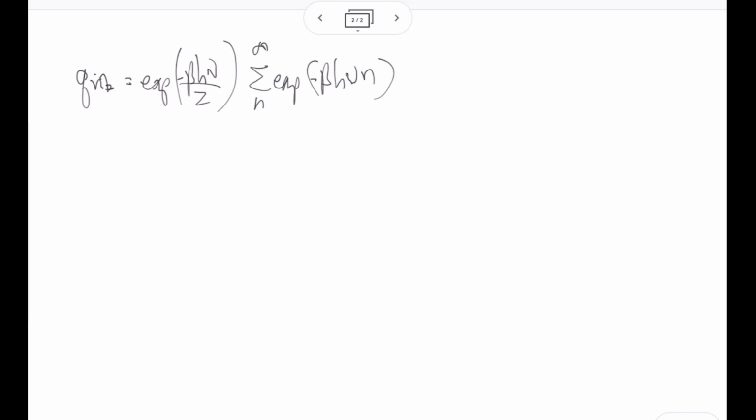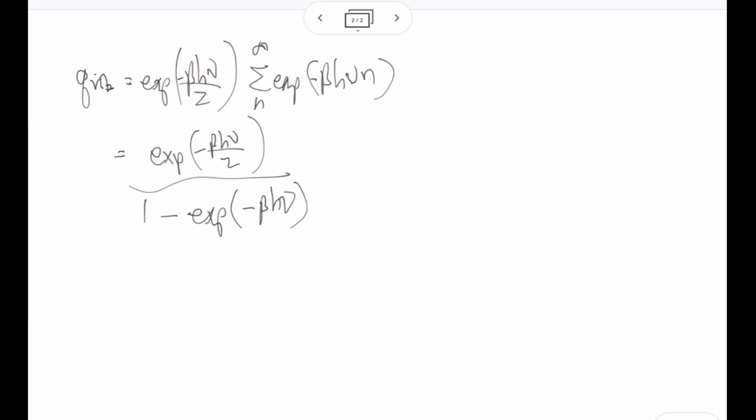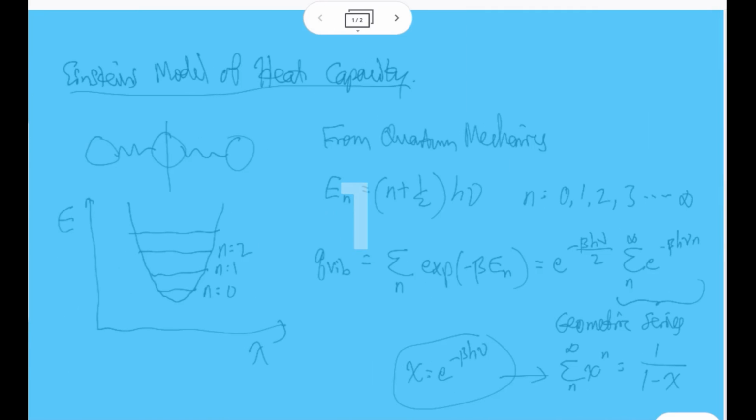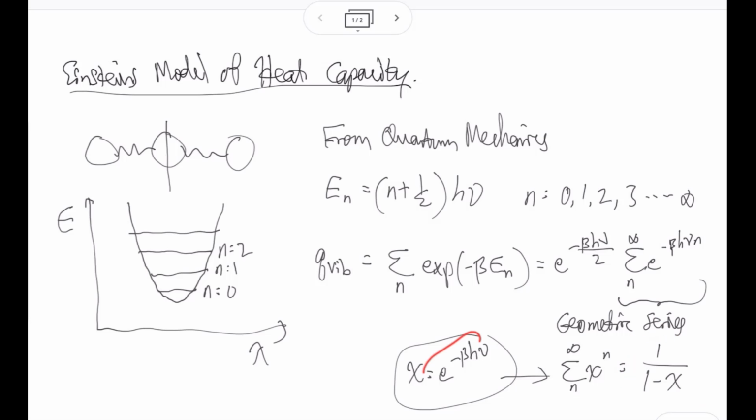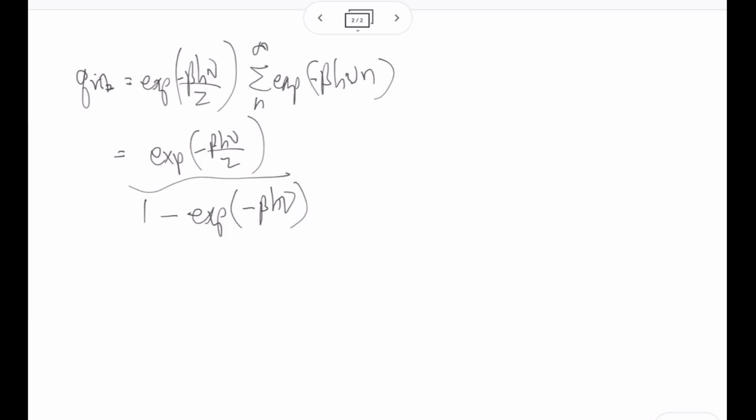So once we plug in the geometric series, we can now rewrite this as exp negative beta h nu over 2 times 1 over 1 minus exp negative beta h nu. Because I'm taking this term from here, and this term I'm turning into 1 over 1 minus x, and I'm treating x as e to the negative beta h nu. So that's this expression down here.